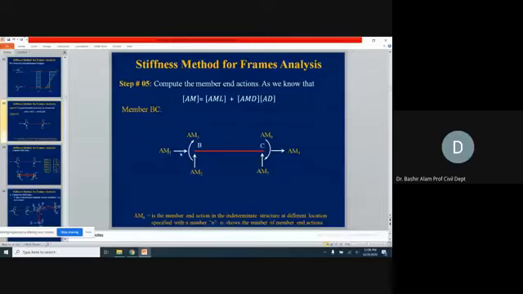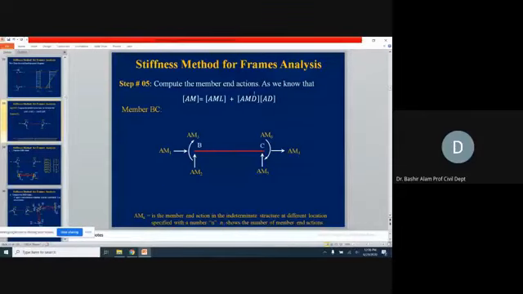This is horizontal followed by vertical and then clockwise. Again at C, horizontal followed by vertical and then clockwise, and correspondingly you will be selecting your AML values and AMD values. Again, upward, rightward and clockwise we are taking as positive values.